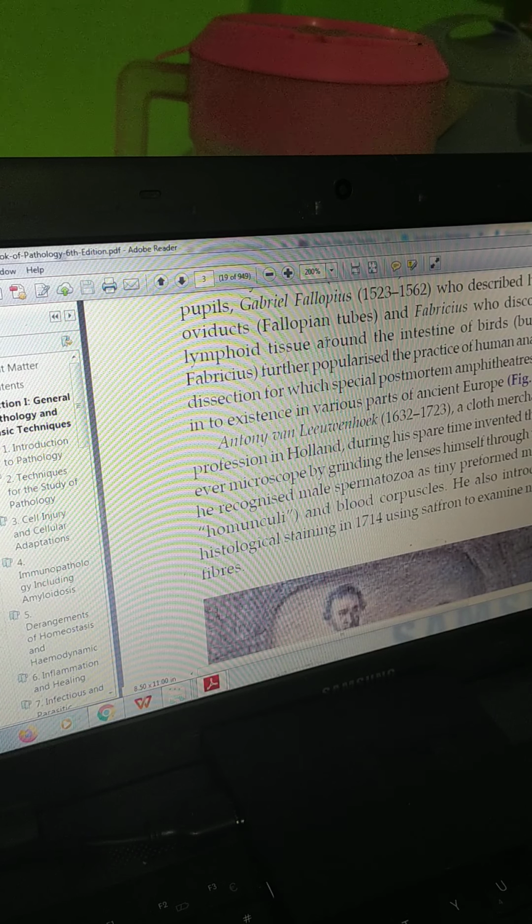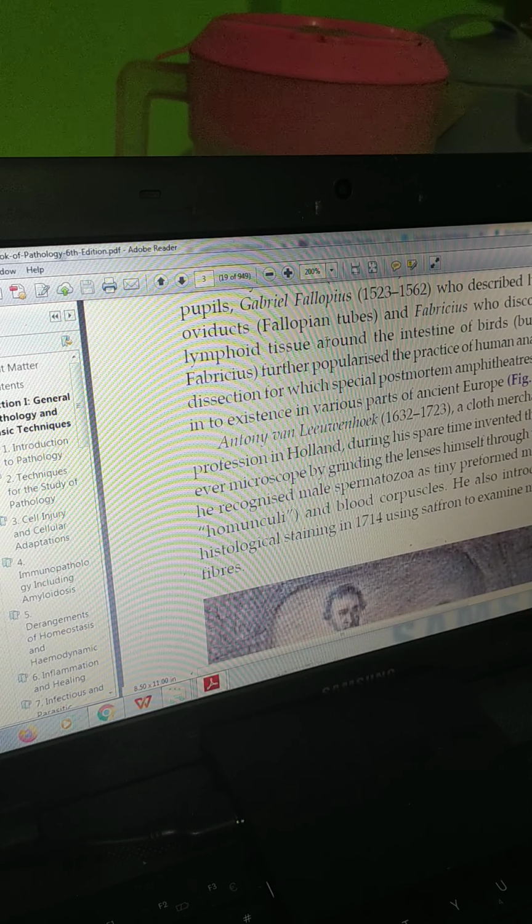Anton van Leeuwenhoek, 1632 to 1723, a cloth merchant by profession in Holland, during his spare time invented the first ever microscope by grinding the lenses himself, through which he recognized male spermatozoa as tiny preformed men or homunculi, and blood corpuscles.